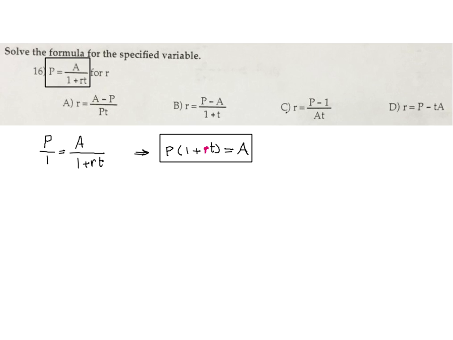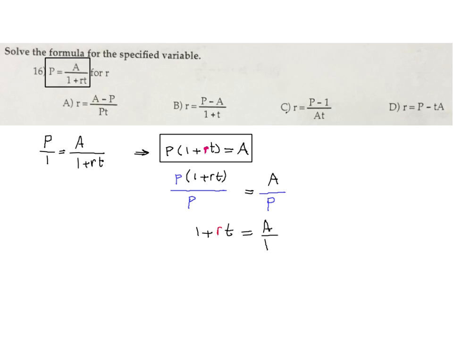No, not divide by R. Divide by P, right? We can eliminate the P if I divide both sides of the equation by P. You can see that I would get rid of that P. I can move the P to the other side of the equation, in other words. So we get 1 plus, remember we're still looking to isolate R, so let's use a color here, R, and then T here, is equal to A over P.